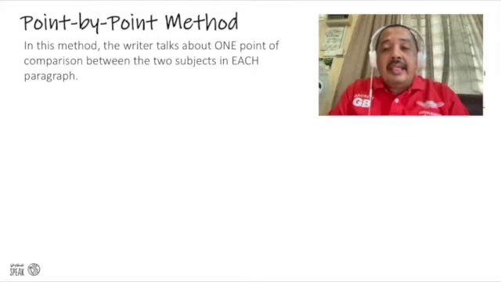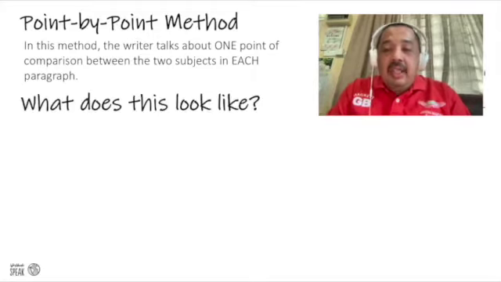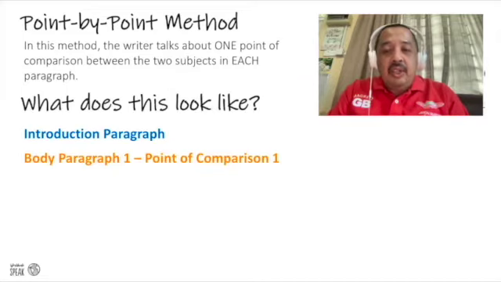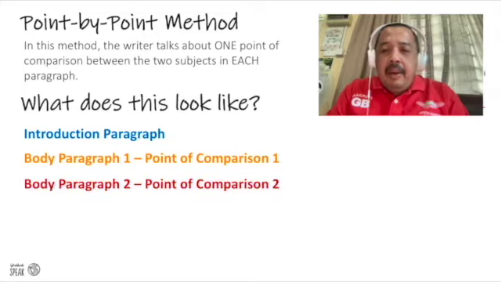So what does this look like? What does the structure look like when we begin? There's the introduction paragraph. Then you have the body paragraph with your point of comparison number 1.